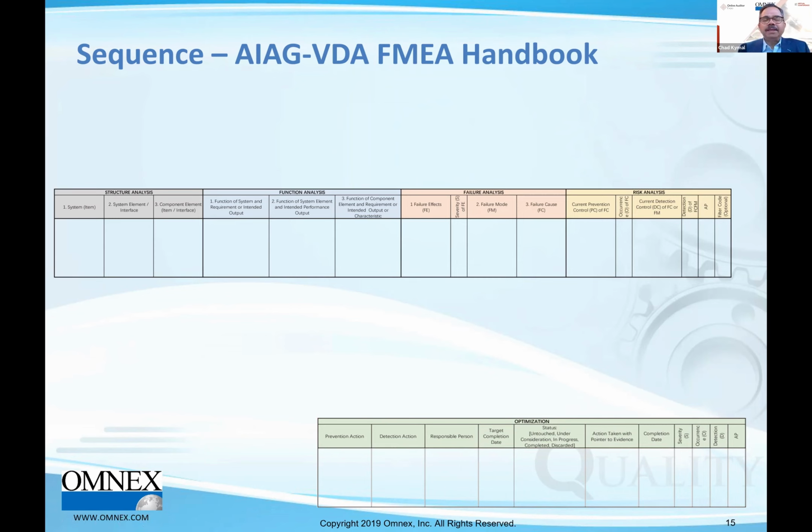And what else can I say? It's a darn long form. And because of this relationship, it's a three-dimensional relationship, that's why we say, hey, you cannot use Excel anymore. And we really need to use a software like Omnex's Aqua Pro.